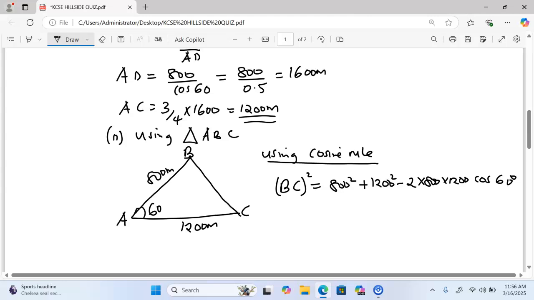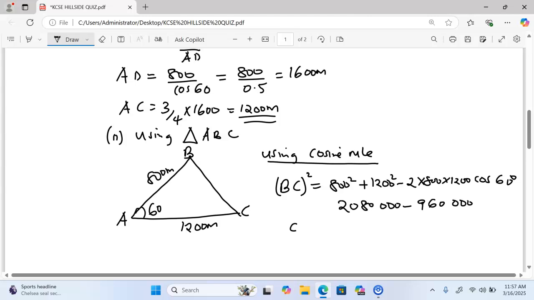800 squared plus 1200 squared will give us 2,080,000, minus 2 times 800 times 1200 times cos 60, which gives us 960,000.